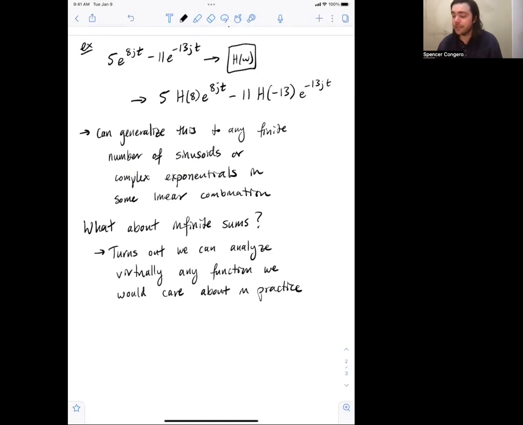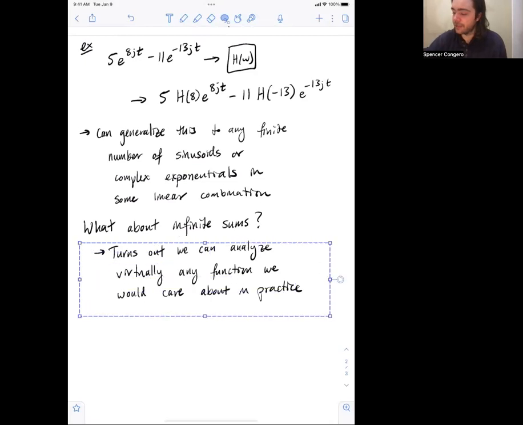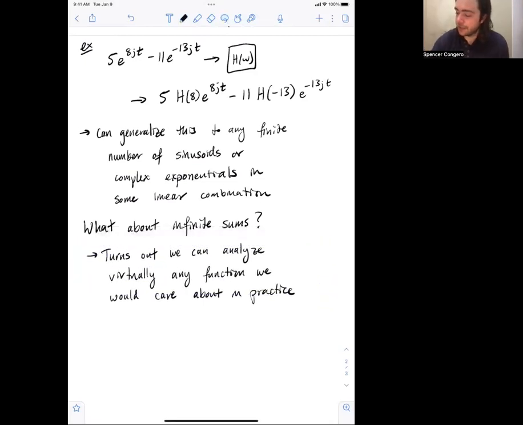But with infinite sums, we can analyze virtually any periodic function. And to actually analyze any function we care about in practice, we're going to need integrals, and that's where the Fourier transform comes into the picture. For now, we're just going to deal with infinite sums and look at Fourier series.